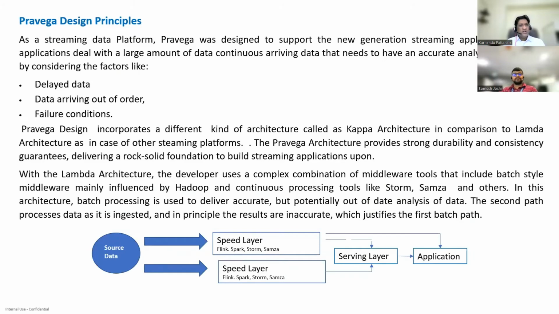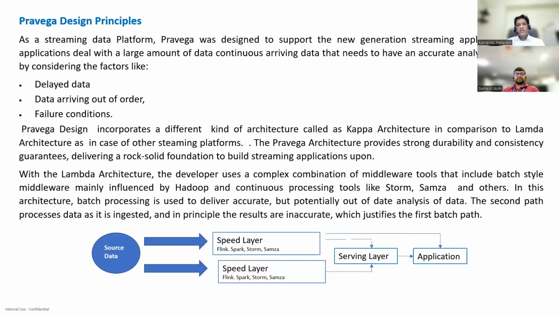And coming to the design principle here. Pravega is created to consider three factors: delayed data, data arriving out of order, and failure conditions. For all this, Pravega gives an exactly-once delivery semantic. That means exactly one copy will be delivered, no matter if the data fails in between.